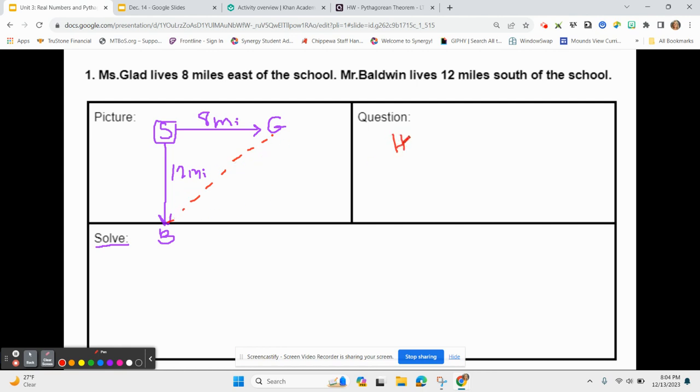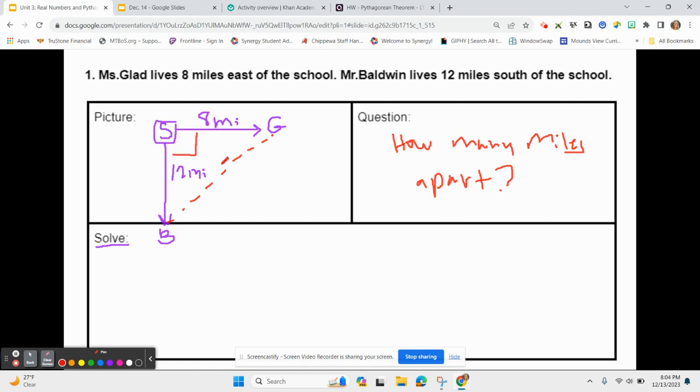So this is painful, you guys, writing on here. How many miles apart are they? Now, this would be the quickest route. So, notice I've created a right triangle. By going east and south, that's exactly 90 degrees.